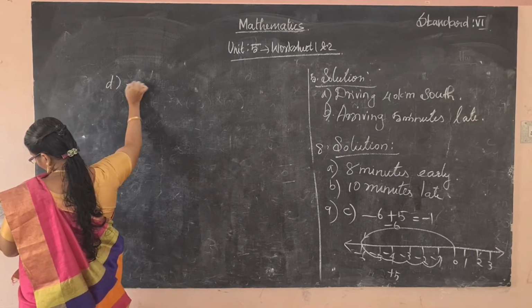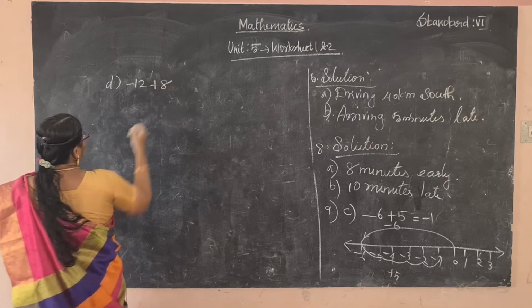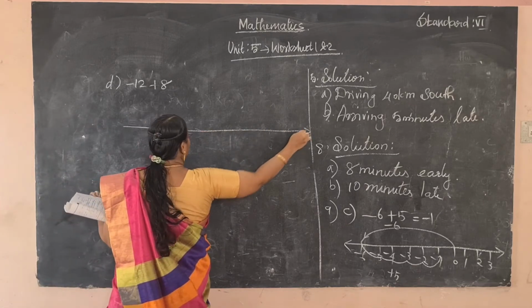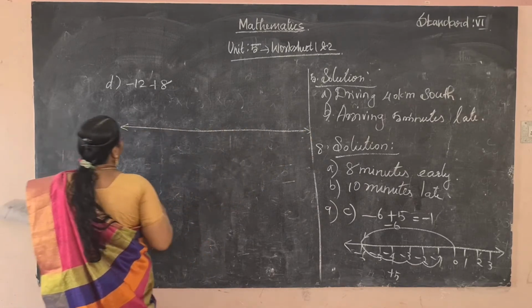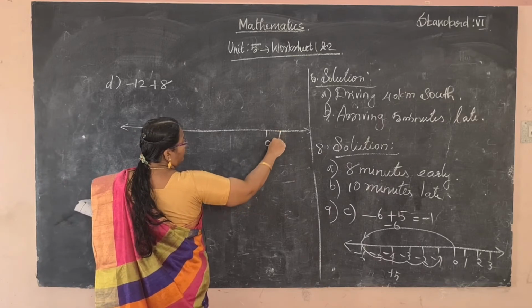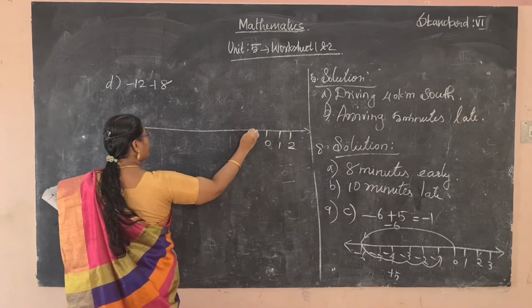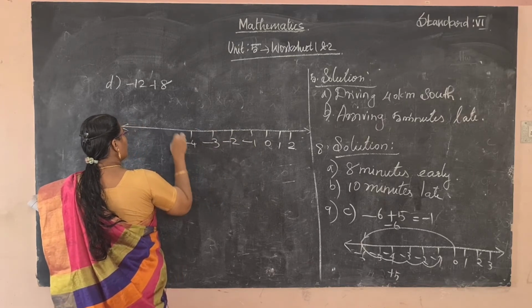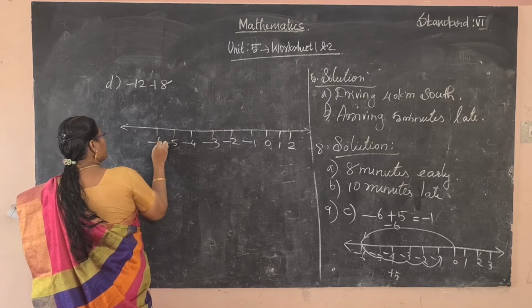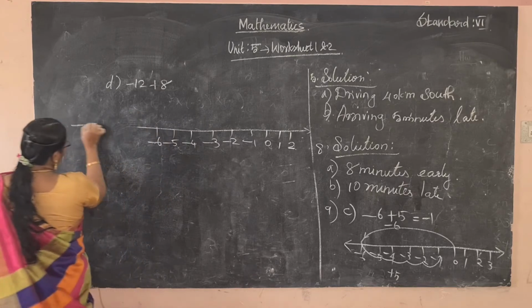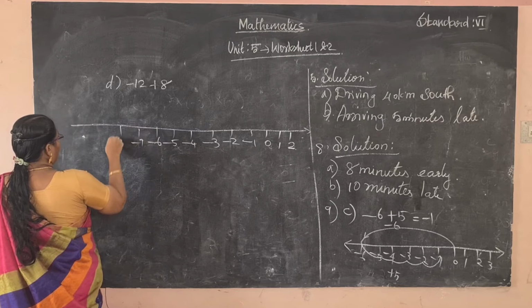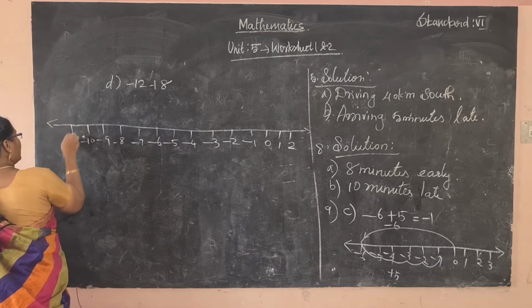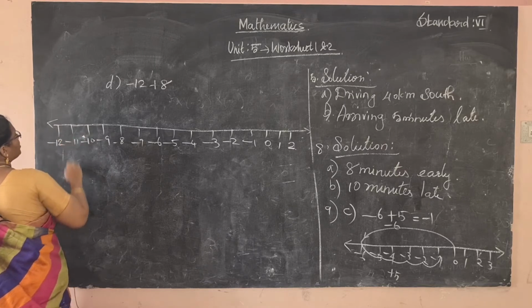D problem, -12 plus 8. -12 plus 8. -1, minus 2, minus 3, minus 4, minus 5, minus 6, minus 7, minus 8, minus 9, minus 10, minus 11, minus 12.